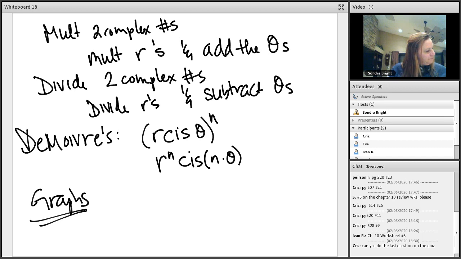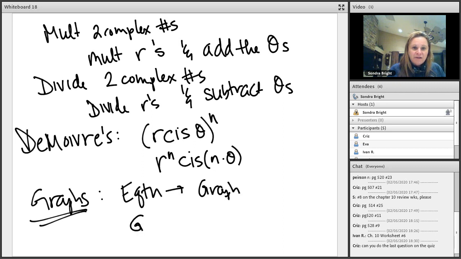You got a whole packet on them: the cardioid, the dimpled limaçon, the convex limaçon, the inner loop, all kinds of things. You'll have to graph from an equation, and you will also need to, given the graph, come up with the equation. Look in the notes. They're fabulous. And I think that's it. All of those graphs. Okay.